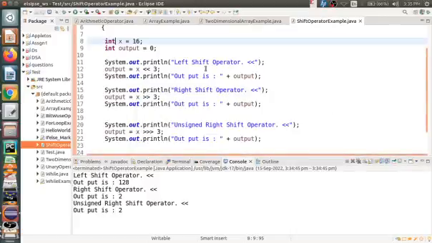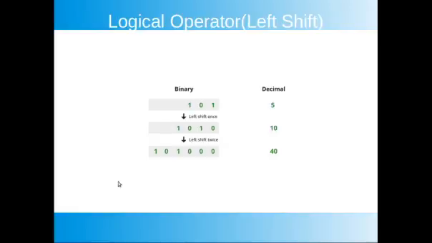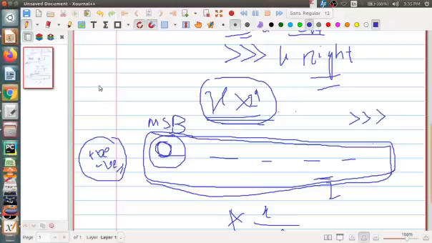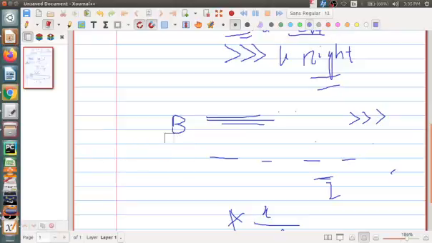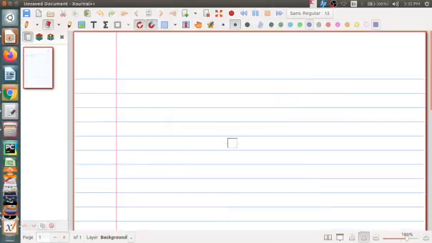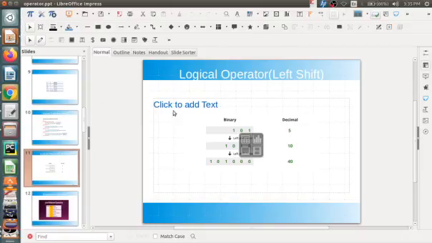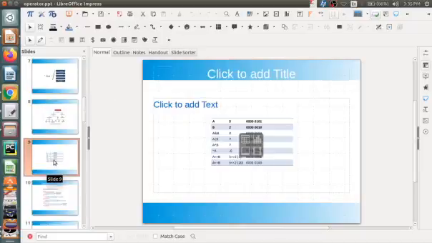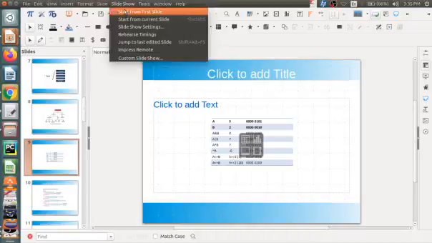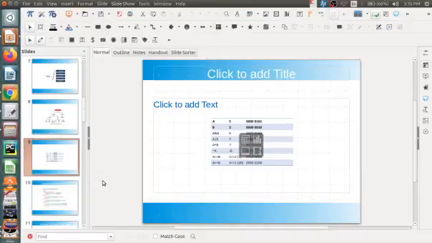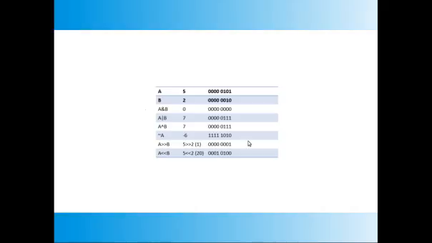Let us understand this now. The left shift is covered. Now let us create a new class.